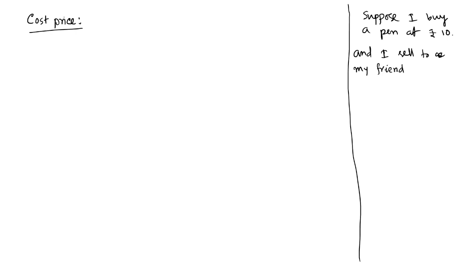Suppose I have a pen, and I buy a pen at rupees 10. So I buy a pen at 10 rupees and I sell it to my friend, let's say, at rupees 15.